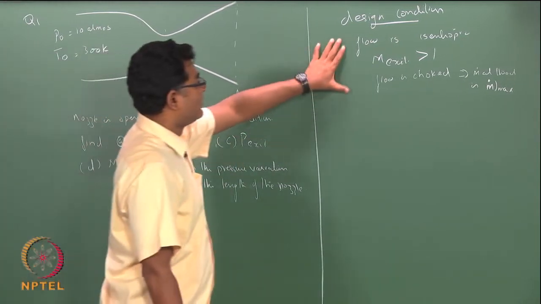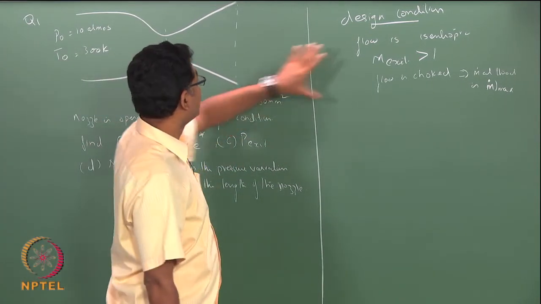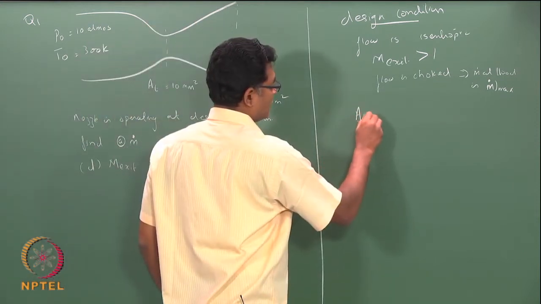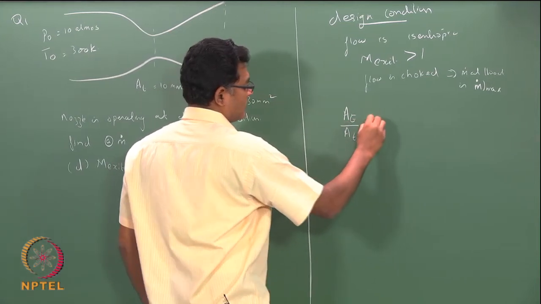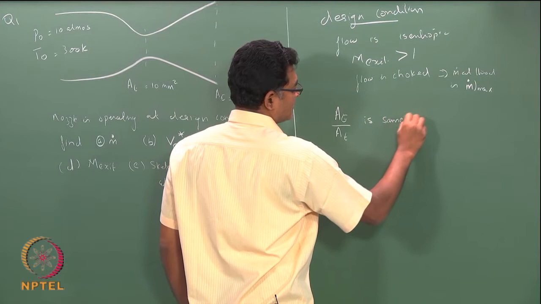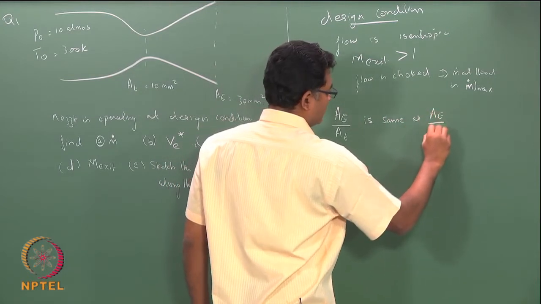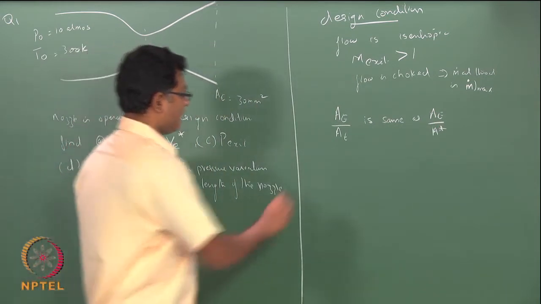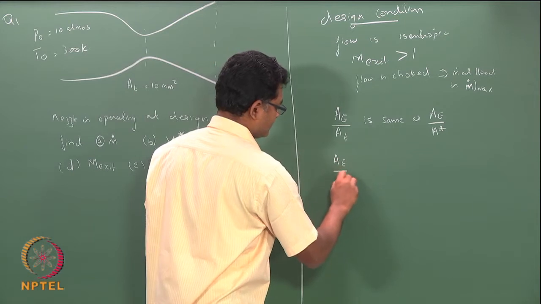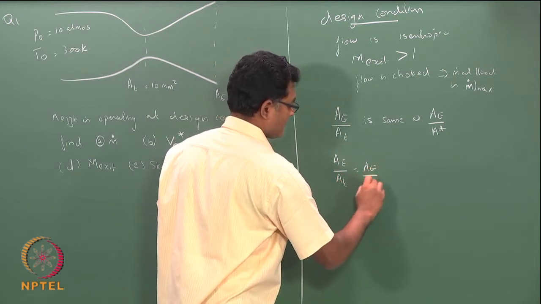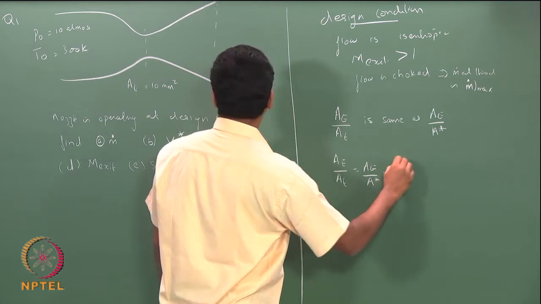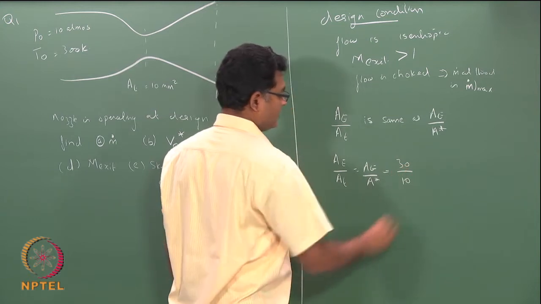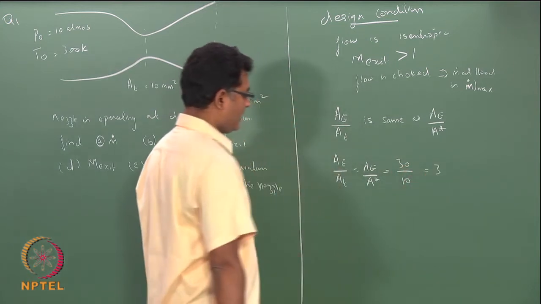So, if your flow is choked, then it means my A E by A throat is the same as A E by A star. Okay. So, if I take that information, it is nothing but 30 by 10, that is 3.